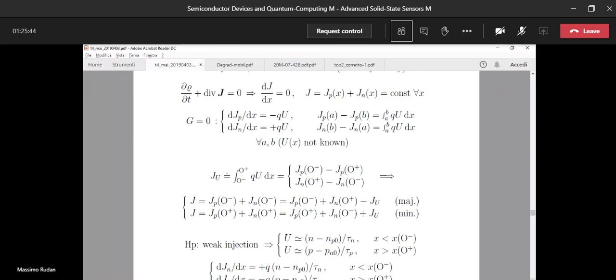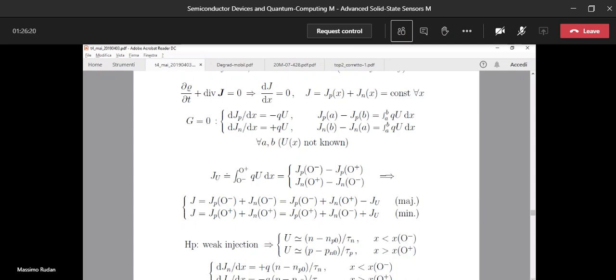So let's take, for X, let's take O minus. Remember, O minus is the left edge of the space charge region, so it is the edge between the space charge region and the P region of the device. Okay. So if you select X equal to O minus, you have the J. You see it in the middle of the page.